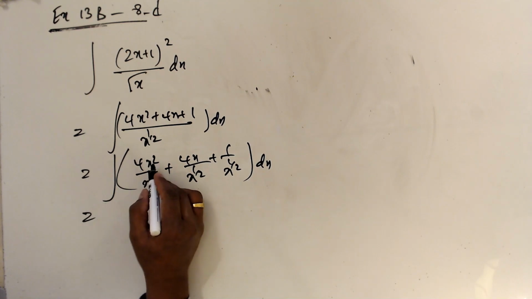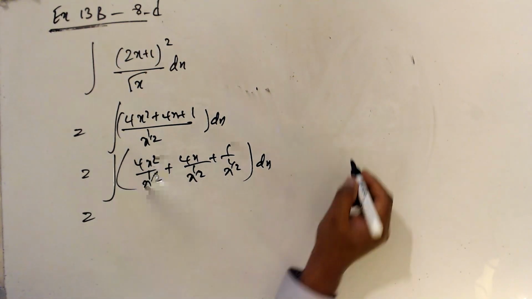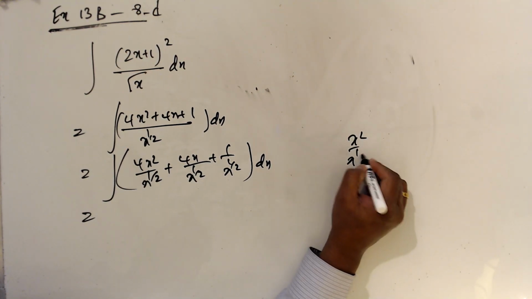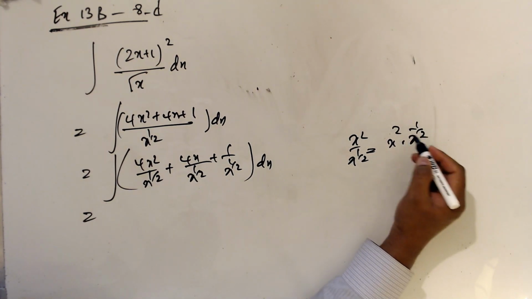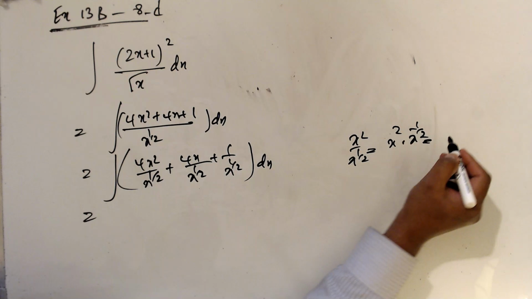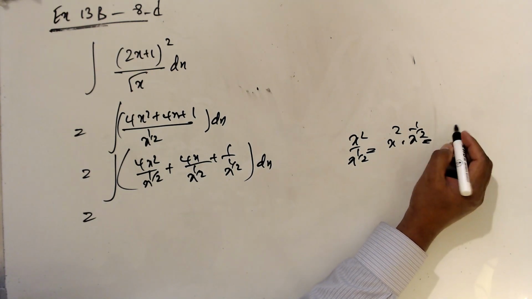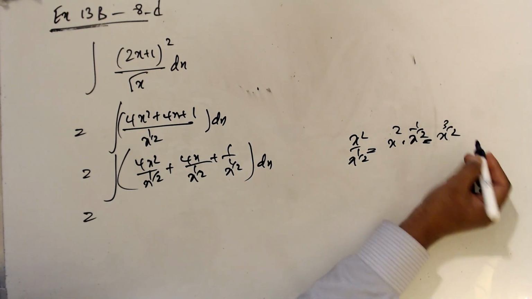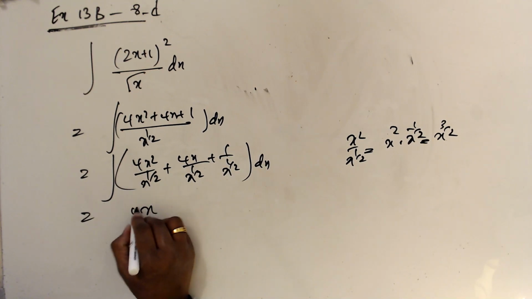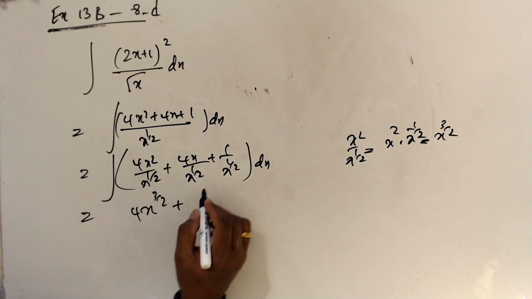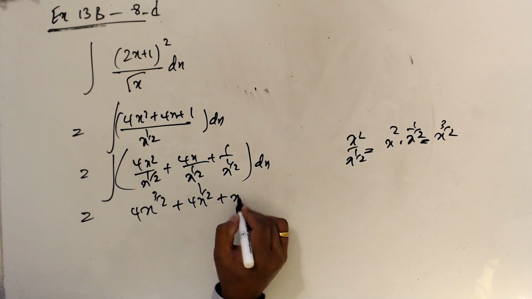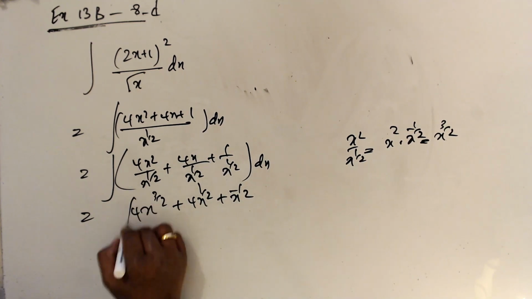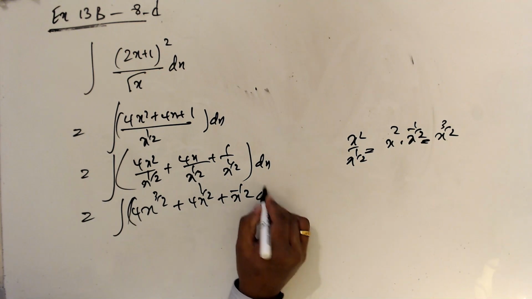So this is x square over x half becomes x square over x minus half. When you take half from 2, it's going to be 1.5, which is 3 over 2. So 4 times x^(3/2) plus 4 times x half plus x minus half dx.